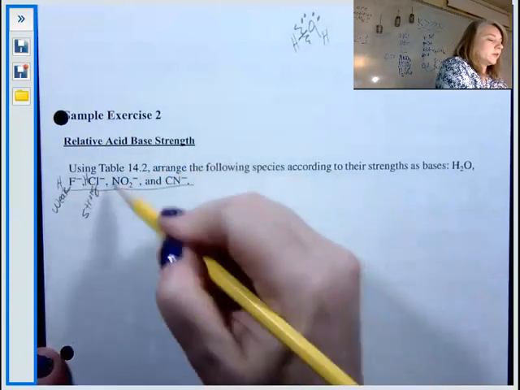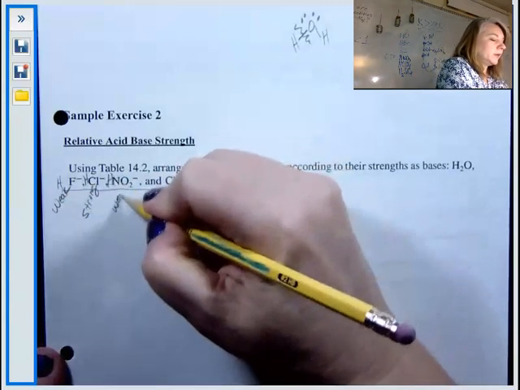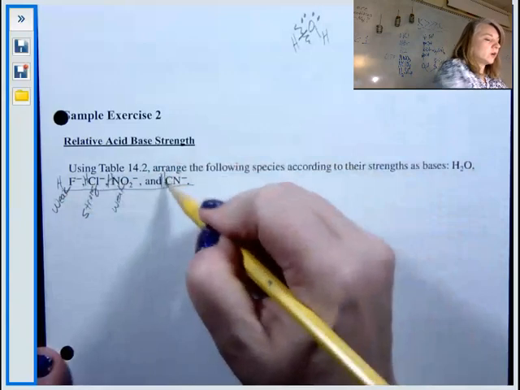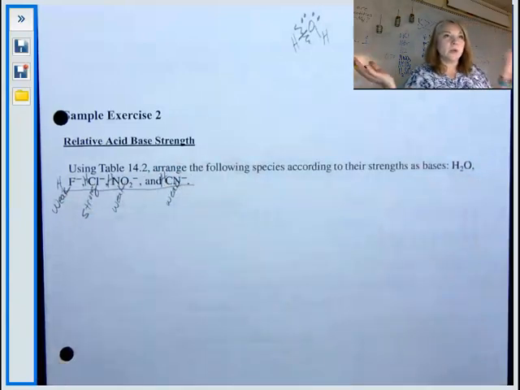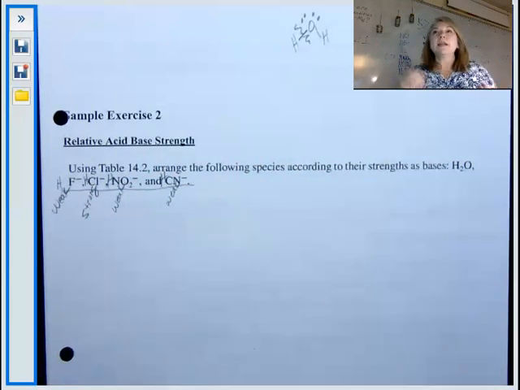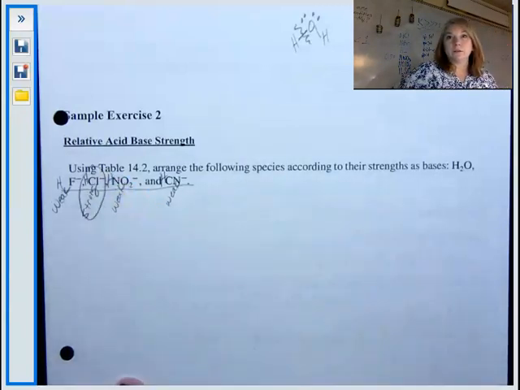How about HNO2, strong or weak? Weak, okay. And HCN, strong or weak? Weak. See, if you know all your strongs, then everything else is weak. Okay, now, strong bases make conjugates that are weaker than water. So we've got one that is weaker than water, right?